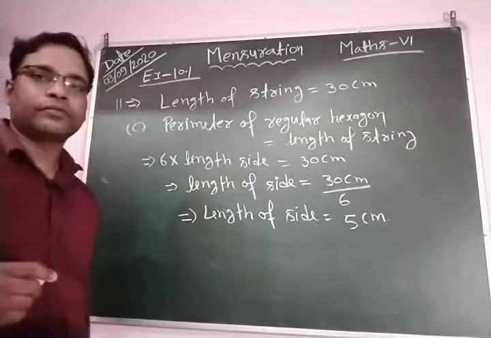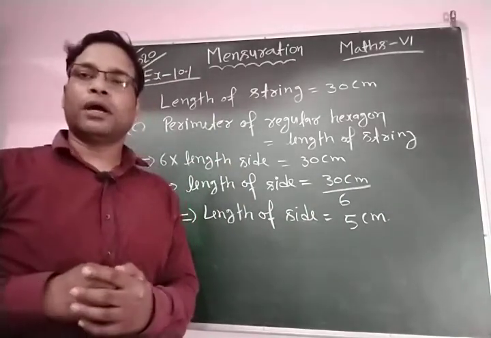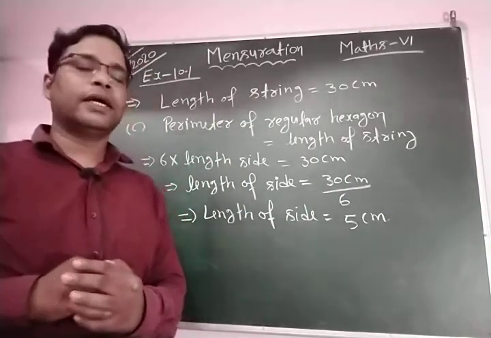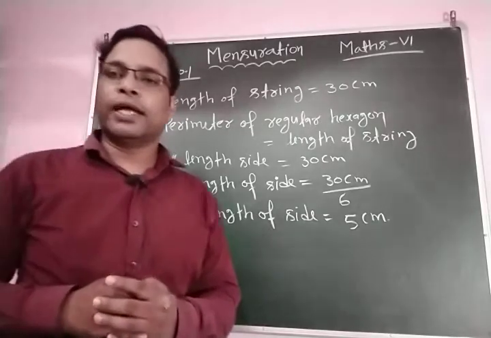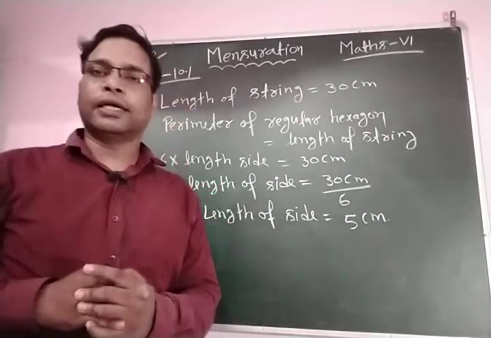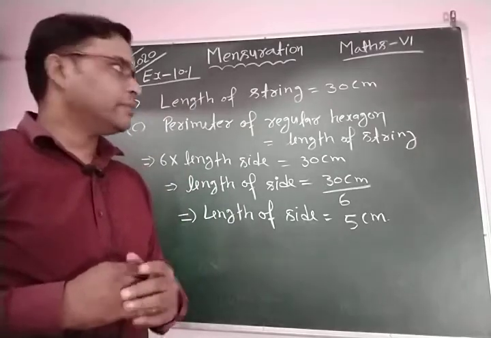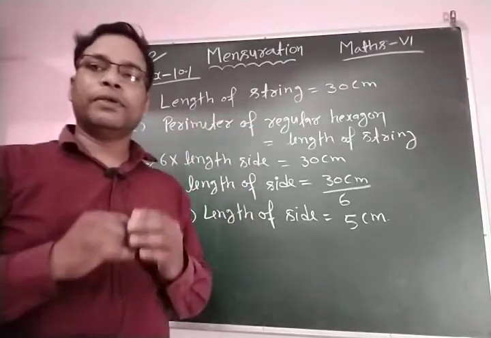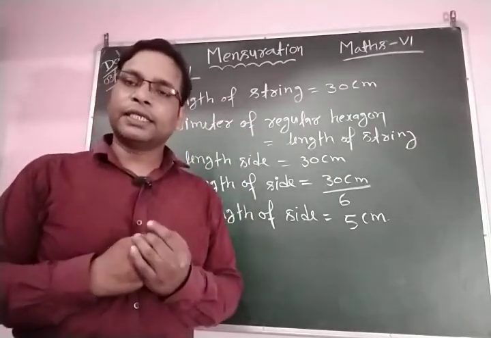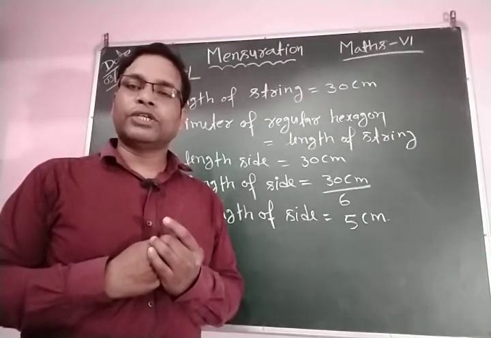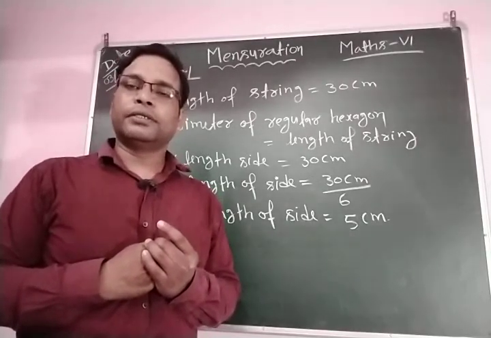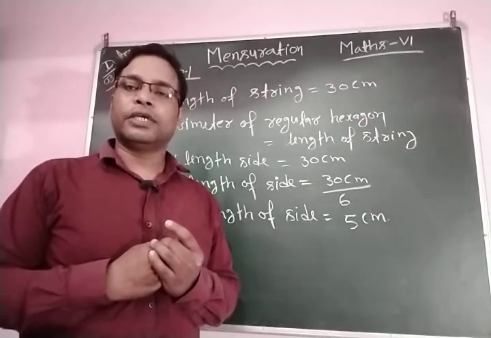So students, I hope all of you understood how to find the side of regular hexagon, square and equilateral triangles when the length of string is given, and we form this string into square, equilateral triangle and hexagon.